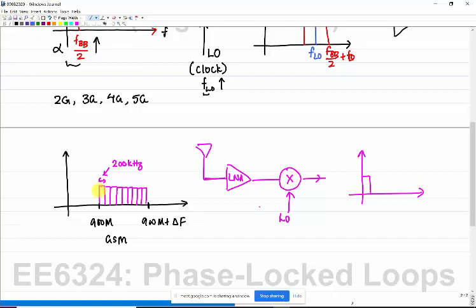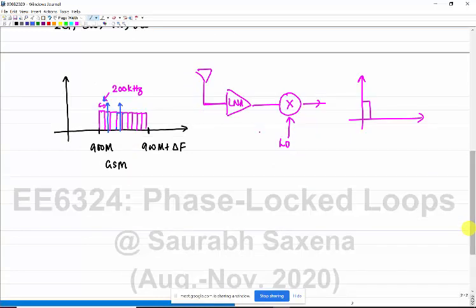Now what happens is, multiple users are allocated different signal bands. As I am telling you, you have only 200 kilohertz of bandwidth, so whatever LO frequency I am generating, I have to make that LO frequency centered around the frequency band which is allocated to me. Okay, so it's like two different receivers.